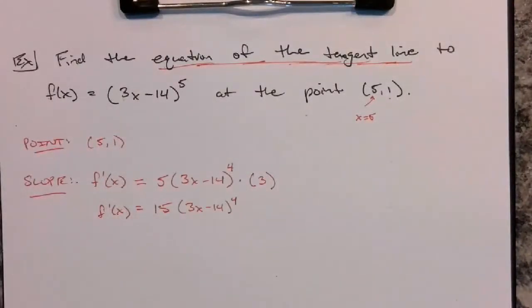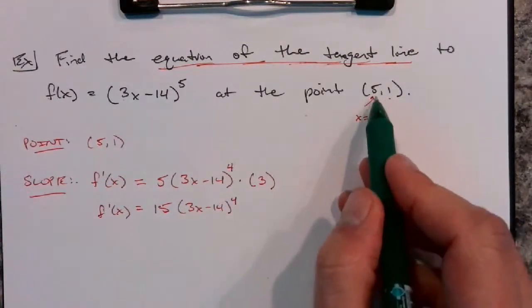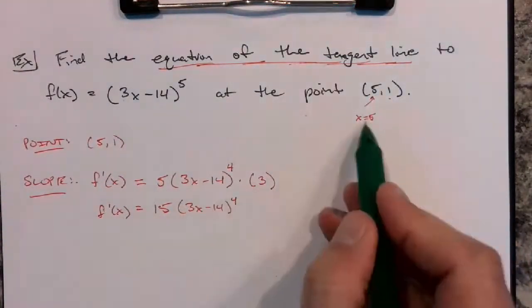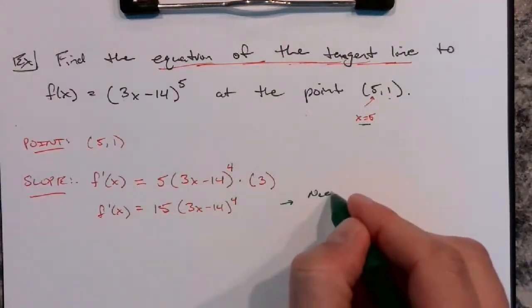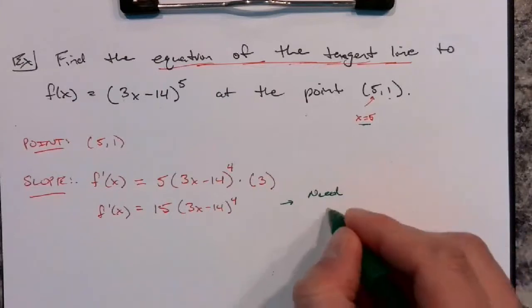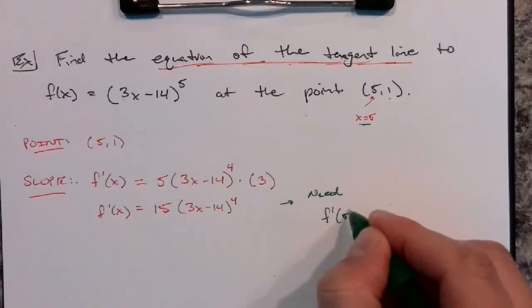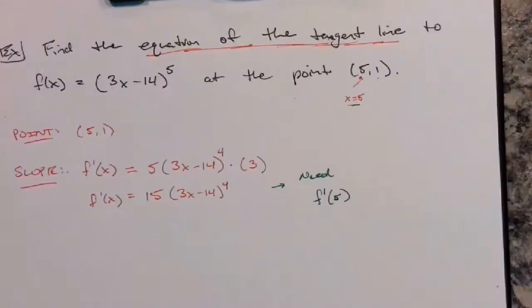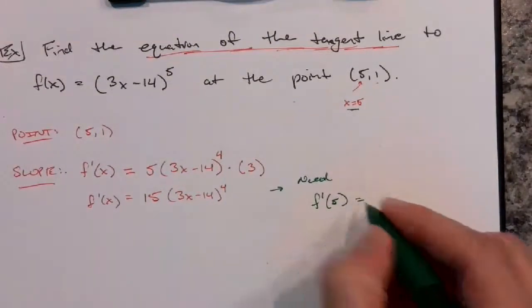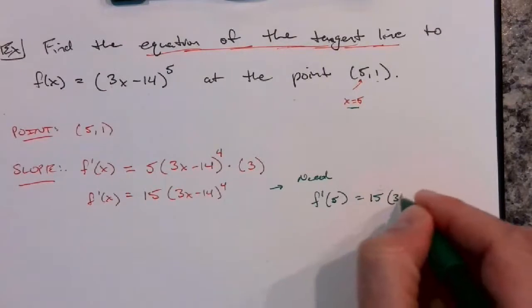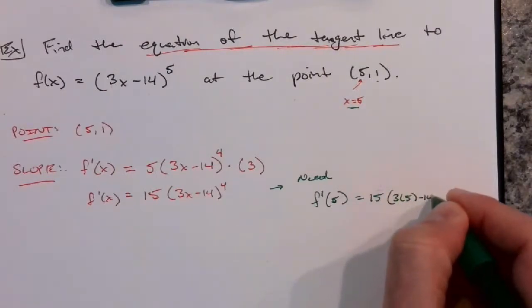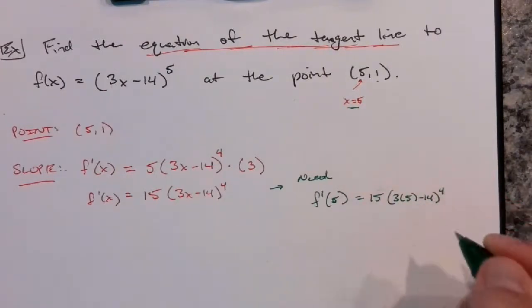Now remember, we want the slope at a specific point. We want the slope at the point (5, 1), meaning the x value here is what I really care about. We're subbing in 5. So we need f prime of 5. Well, this would be equal to 15 times (3 times 5 minus 14) to the 4th power.